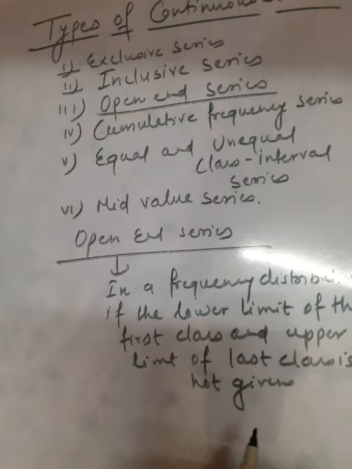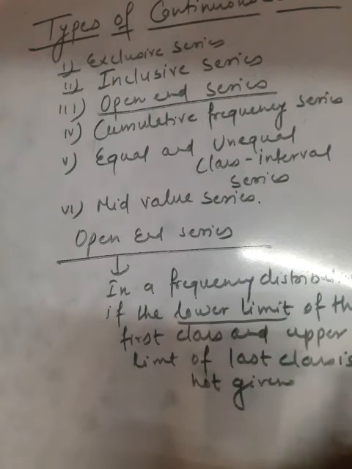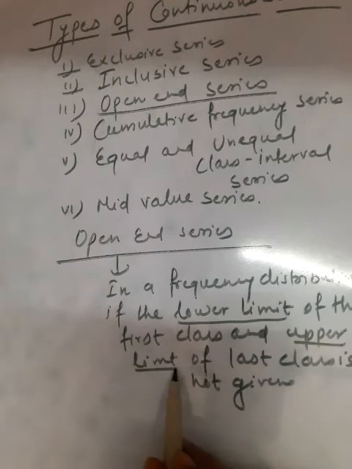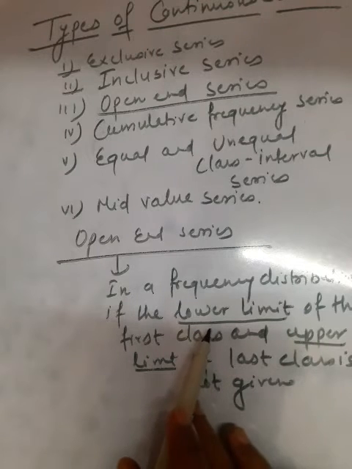If the lower limit and upper limit are not given, then what is given in place of these limits?